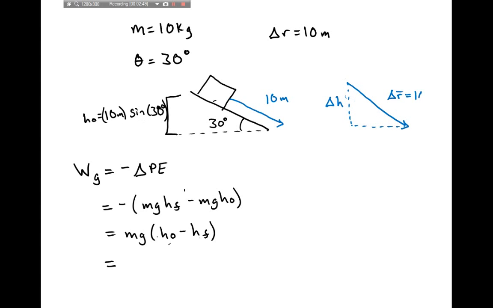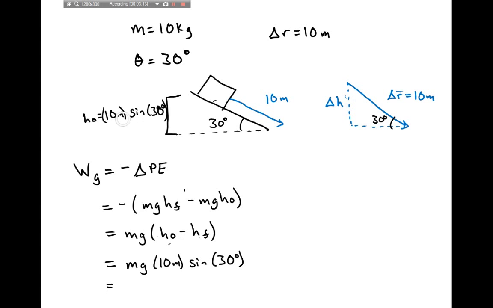The magnitude of this is 10 meters times sine of 30 degrees, because this angle right here is 30 degrees. So we see the work that's done by gravity is mg times 10 meters times sine of 30 degrees.